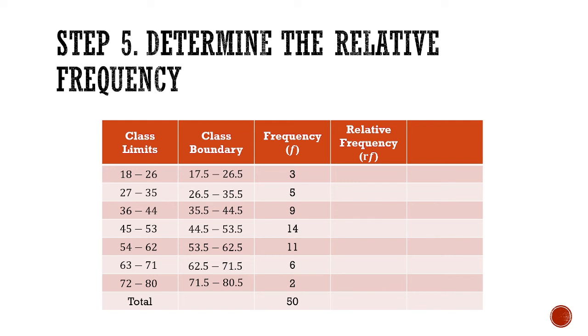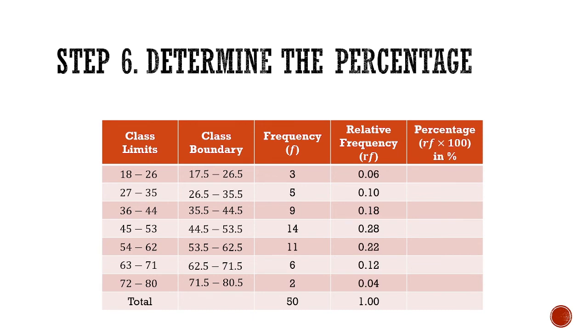So for relative frequency, we just need to divide each frequency by 50. So we will have there 3 divided by 50, which is 0.06. 5 divided by 50, which is 0.10. And we have there 0.18, and so on and so forth.